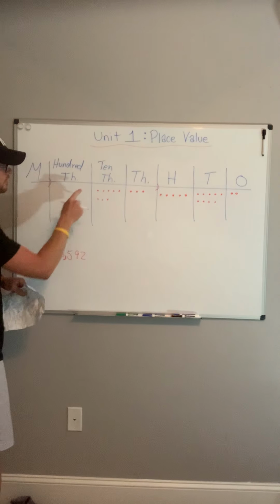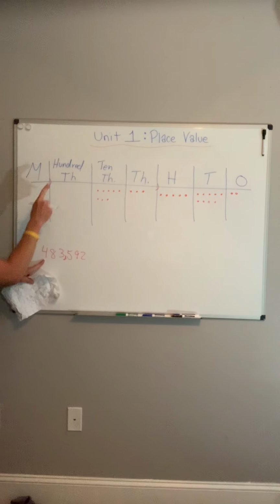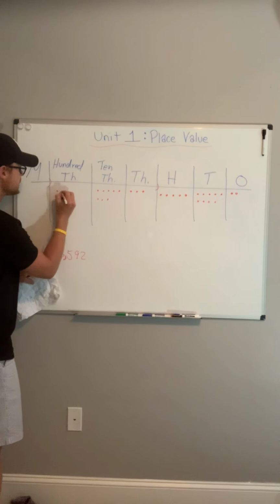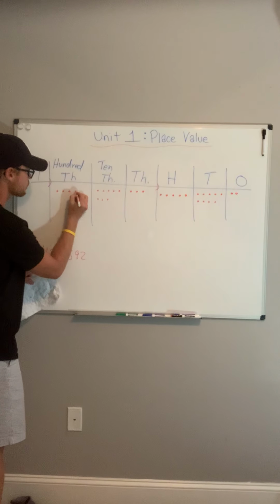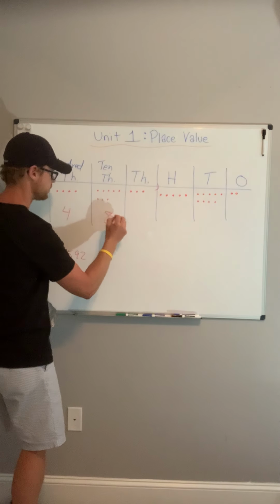Again, it's easier to count. And lastly, guys, in my 100,000s place, I have the digit 4. So I have the number 483,592. Okay, pretty easy, right?